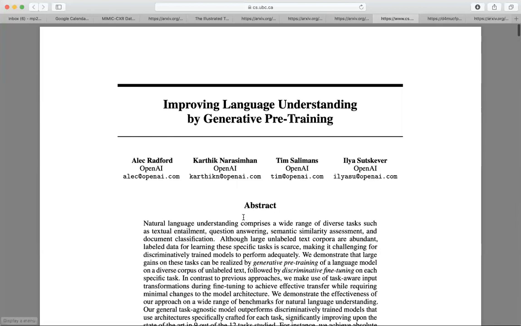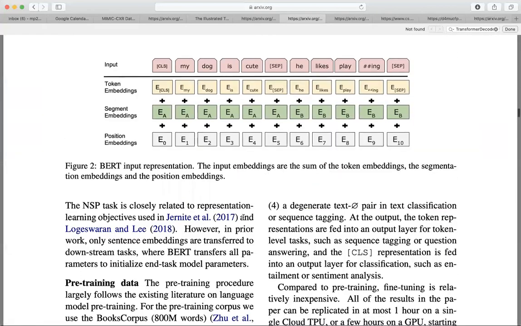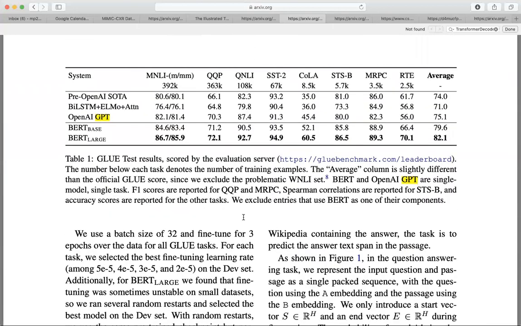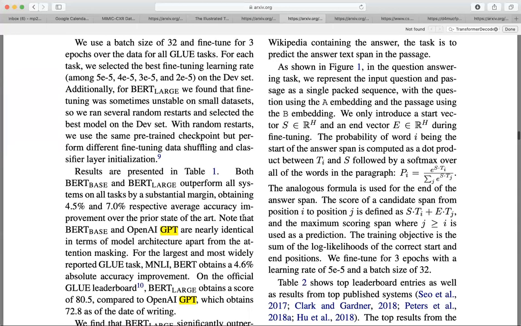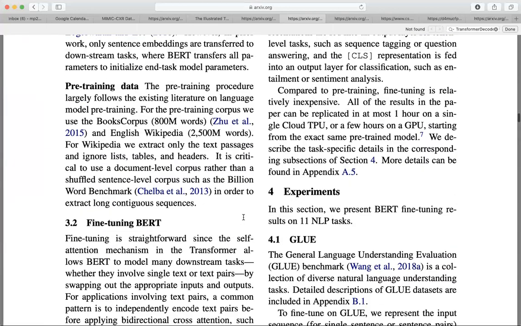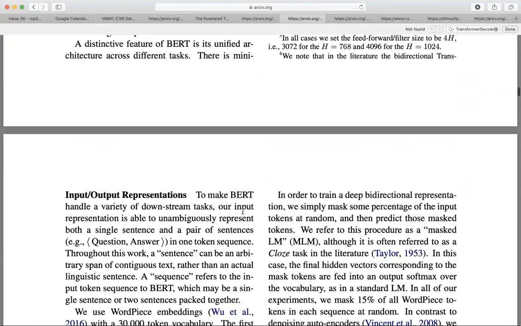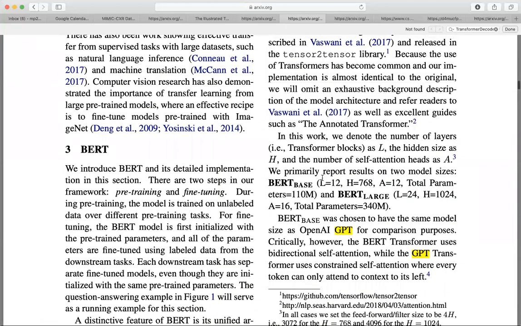Let me take a look at it. Right here. BERT base is using 110 million parameters, and BERT large is using 340 million parameters, which is already large to begin with.